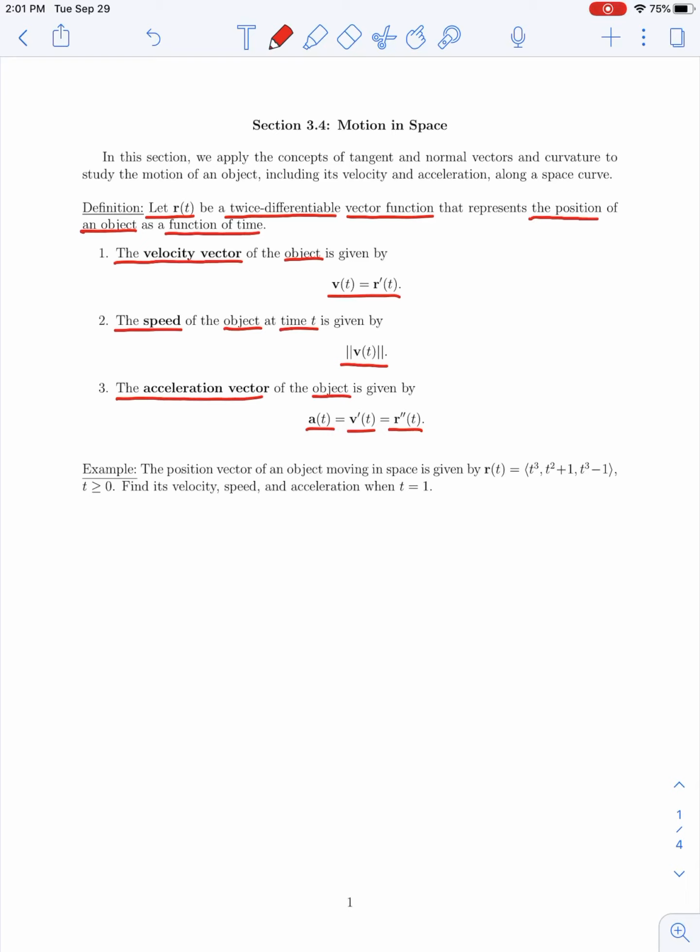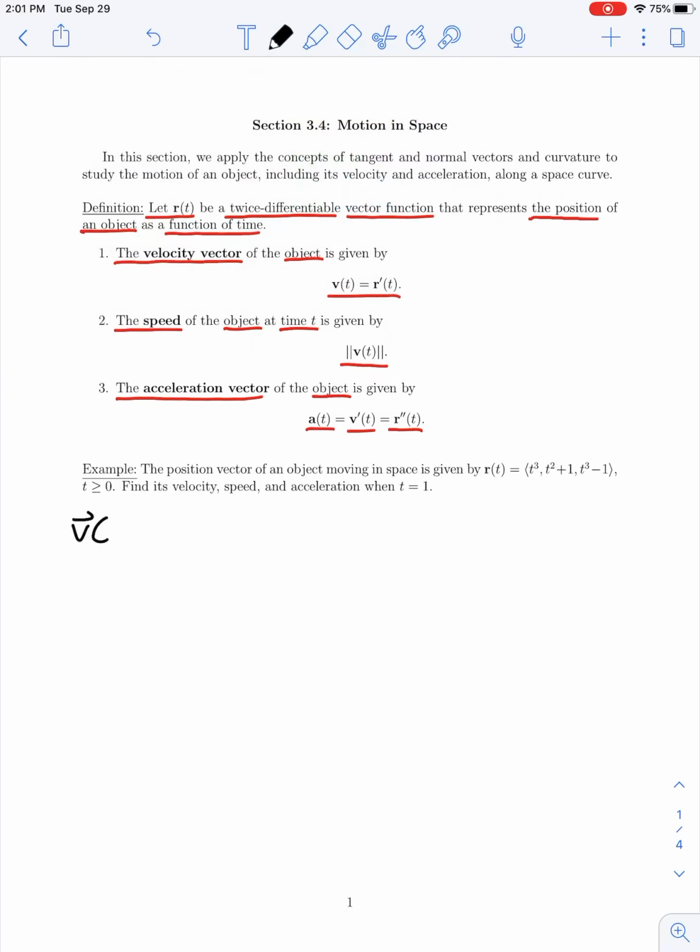In our first problem, we are told that the position vector of an object moving in space is given by the vector function r of t, where t is non-negative, and we are asked to find its velocity, speed, and acceleration at time 1. So let's start by finding our velocity.